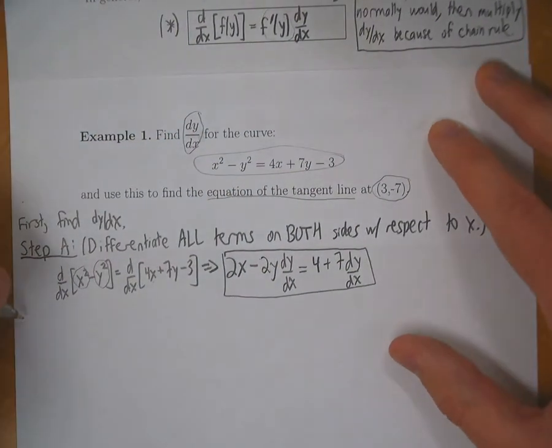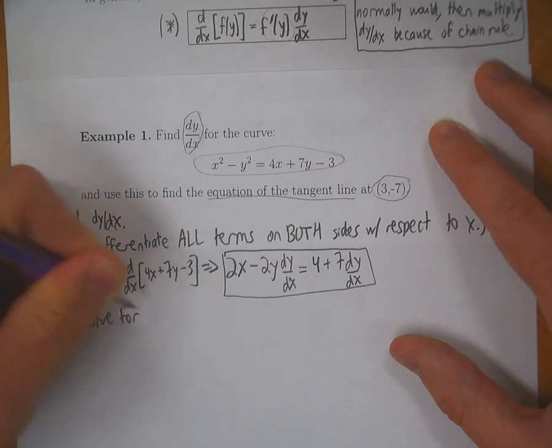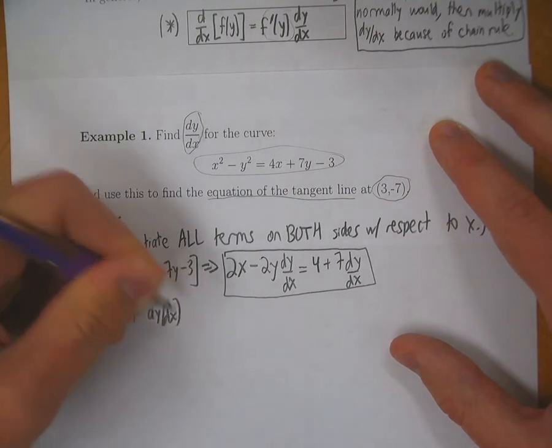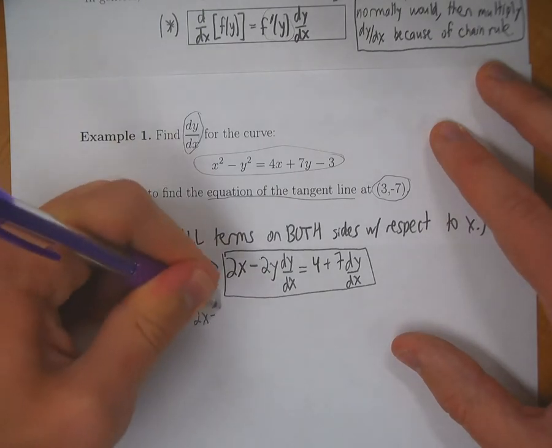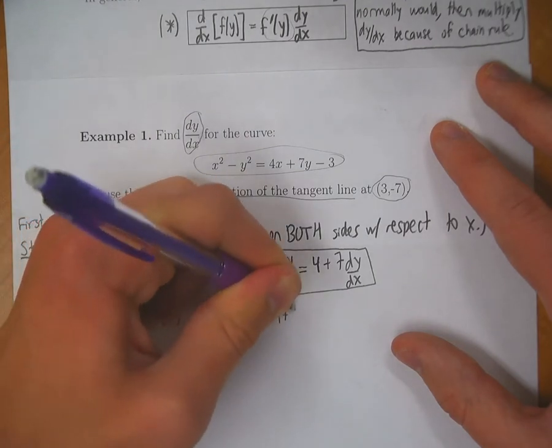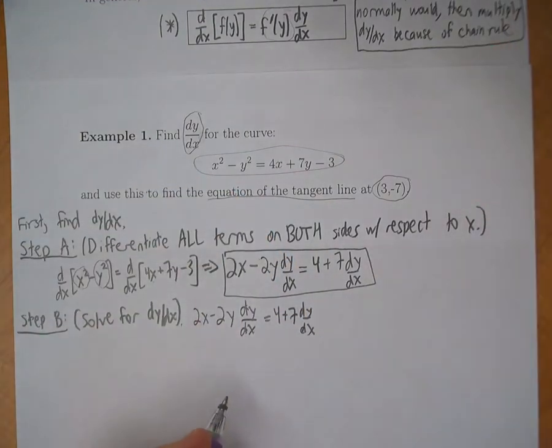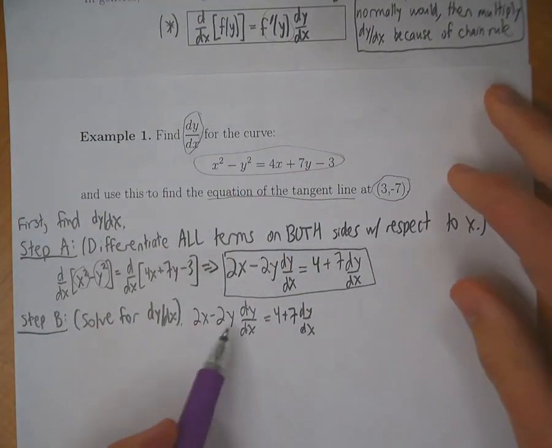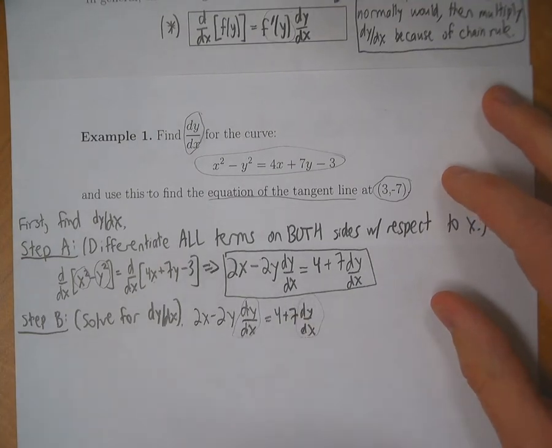So now step B, now that we've differentiated everything, we solve for dy over dx. Okay? So in this case, we say, all right, well, 2x minus 2y dy dx equals 4 plus 7 dy dx. All we have to do is treat dy dx as its own quantity slash variable and then solve for it as we normally do.